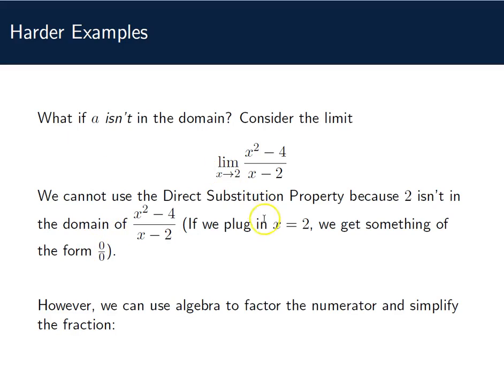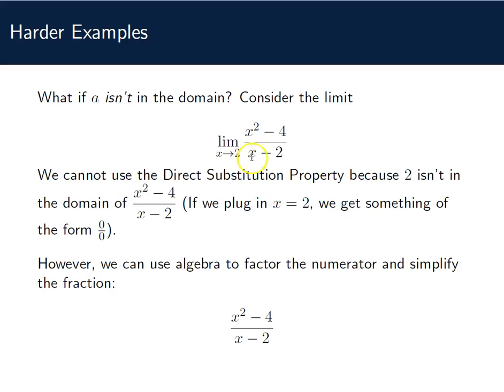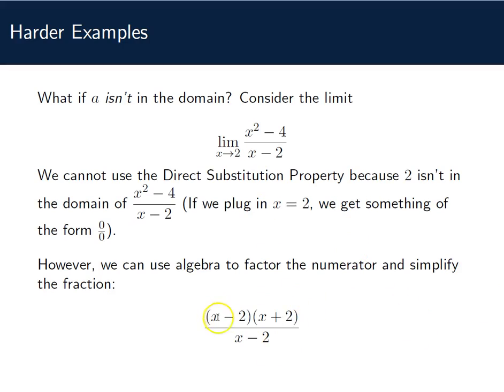However, what I can do is use algebra. So x squared minus 4 over x minus 2, x squared minus 4 factors. That's x minus 2, x plus 2. You learned that. That one's probably one of the most remembered kind of things to factor from high school algebra, the difference of two squares, x minus 2, x plus 2. And notice the x minus 2's will cancel. They are both factors. Don't cancel things willy-nilly.